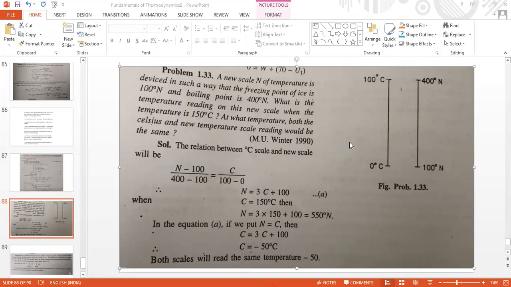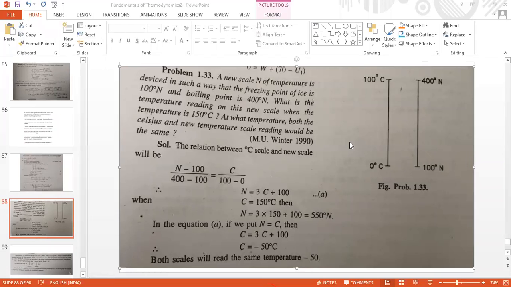Yes sir. Now here, our freezing point is actually 0 degrees centigrade, that is the freezing point of water. Boiling point is 100 degrees centigrade, right?